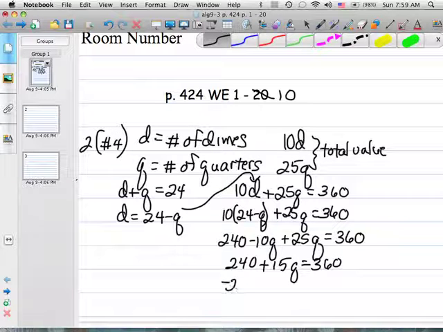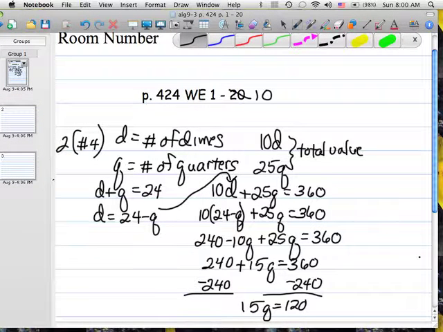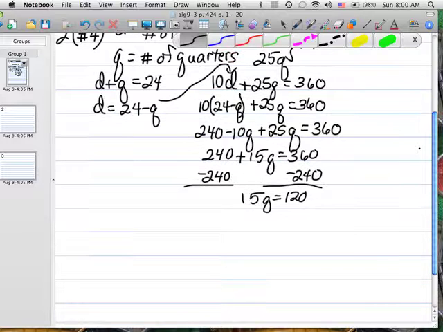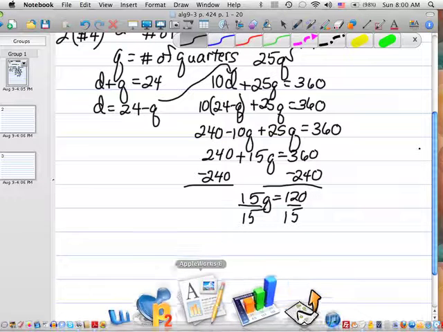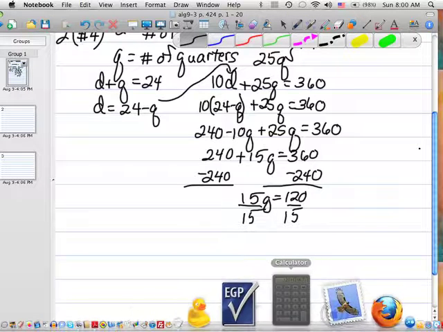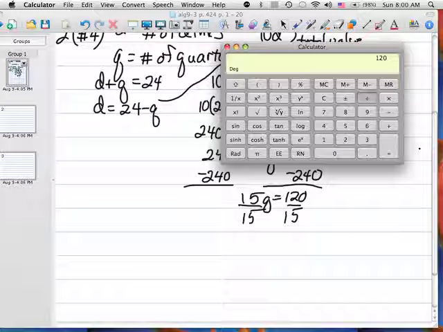Solve for Q, undo addition, subtract 240. We get 15Q equals 120. Divide by 15, and we get 8.